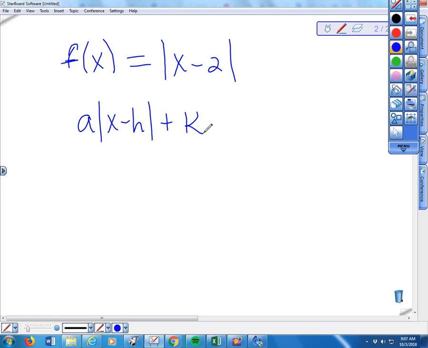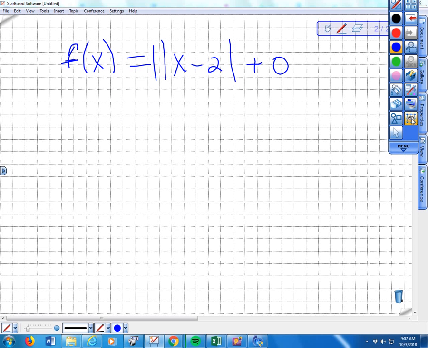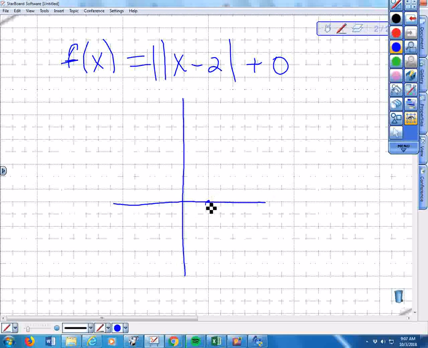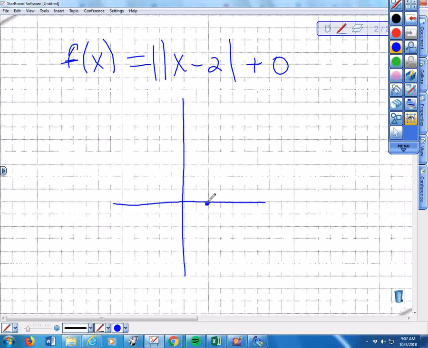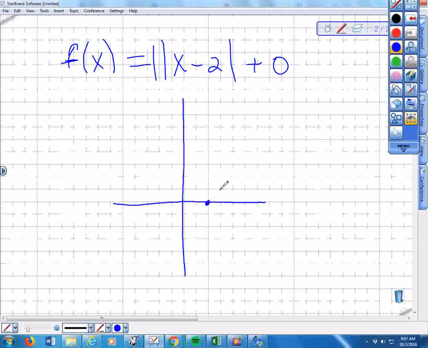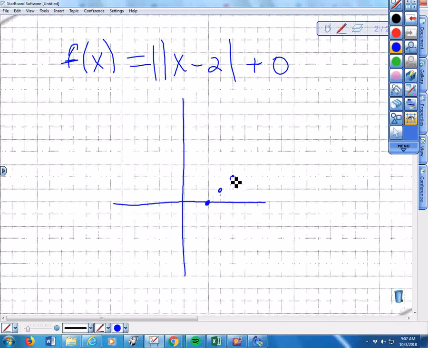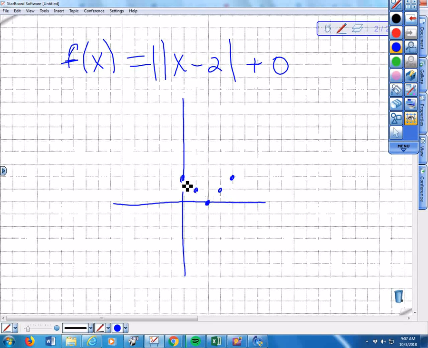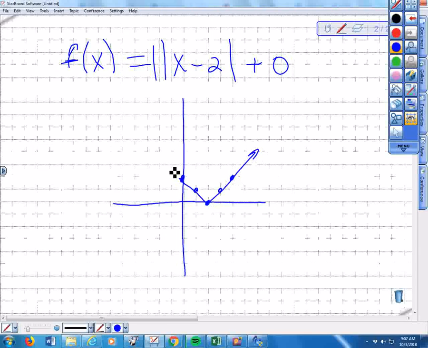What is a? 1. Okay, so to graph this, I start at the vertex, 2, 0. And the slope is 1. I go up 1 over 1, up 1 over 1, and then just mirror that on the other side. And I have my graph.